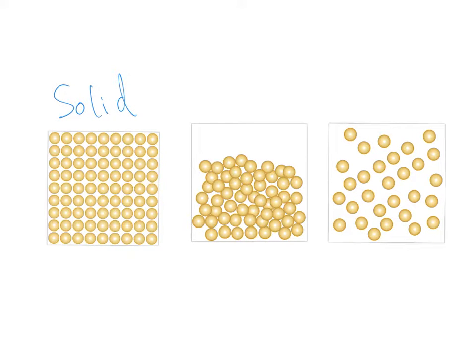If the particles are all moving around and yet staying close together, the state is liquid. If the particles are all flying around and are separated, the state is gas.